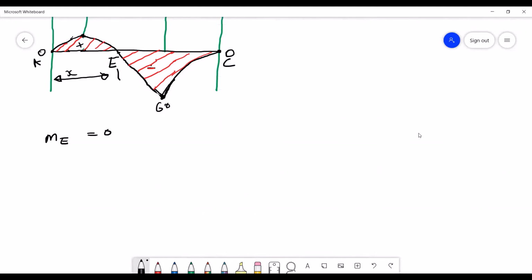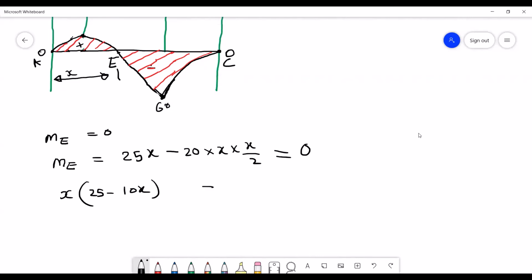So let us see ME. ME is equal to 25 into X minus 20 into X by 2. This will be equal to 0. So this will be X into 25 minus 10X, isn't it? That will be 0.